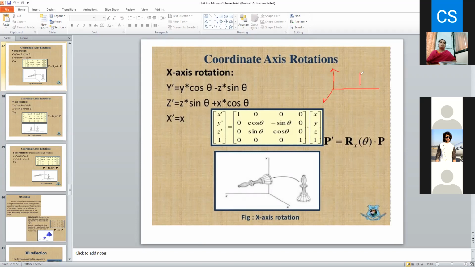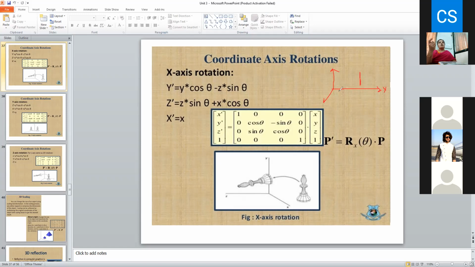This is a line which I want to rotate about the x-axis. So I am going to revolve this line around x, as if our earth is revolving around the sun.